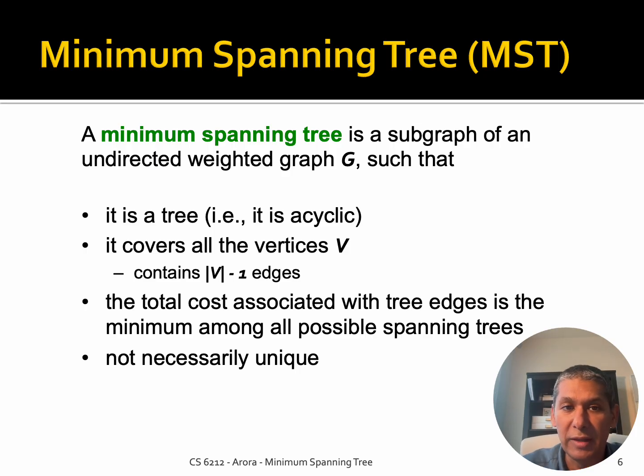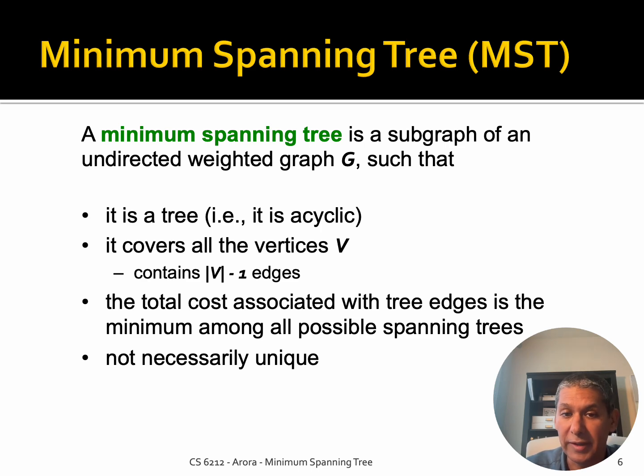So formally speaking, given a graph G, a minimum spanning tree is a subgraph of an undirected weighted graph G, such that it is a tree. After all, we're calling it a minimum spanning tree. It is spanning, so that means it covers all the vertices of the graph.